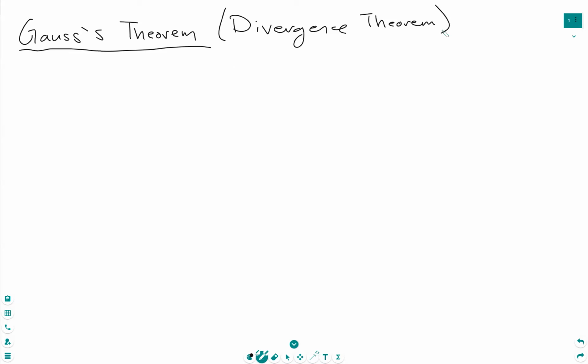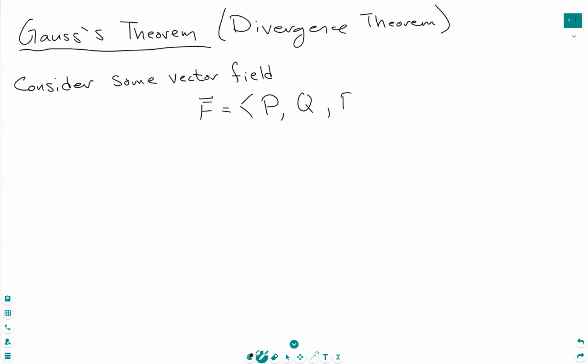These both work. So what we're going to do is consider some vector field F that has component functions P, Q, and R. And those all could be functions of x, y, and z.